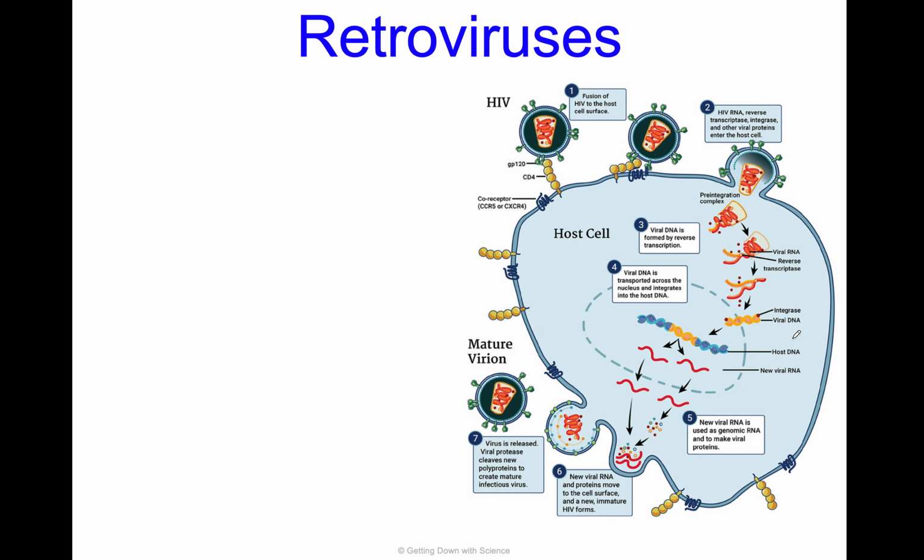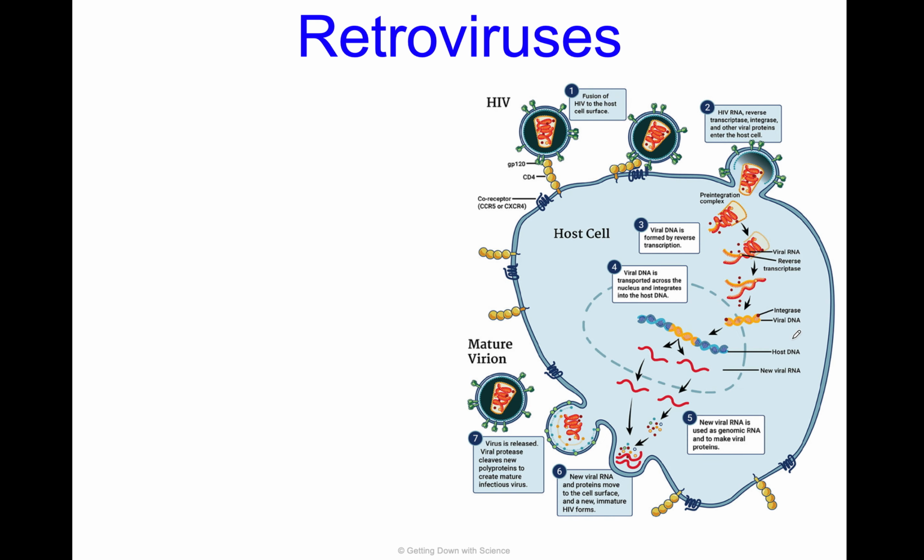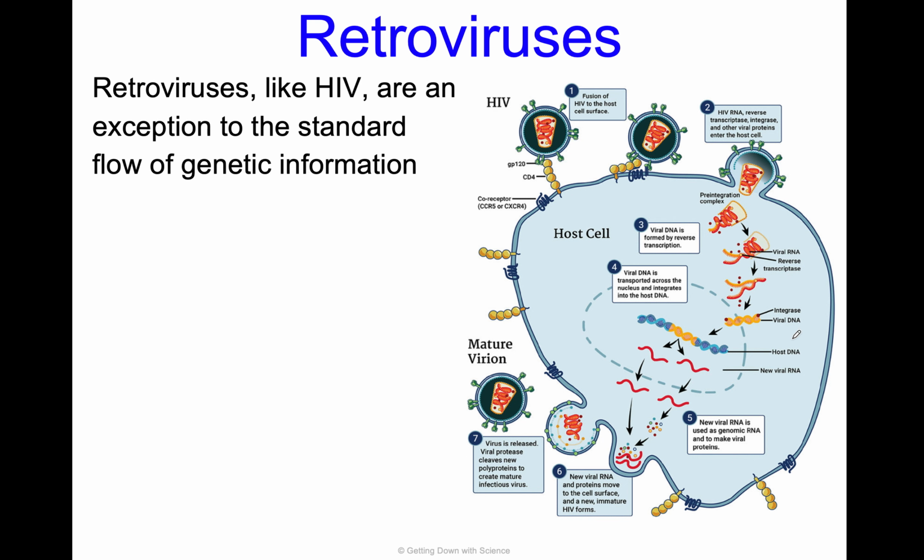All right, now let's take a minute and put everything that we just learned aside, because we're going to learn about something that breaks all the rules. Retroviruses. As far as biology goes, these are probably the most fascinating little things on the planet. HIV is a retrovirus, and it's the exception to the standard flow of genetic information.